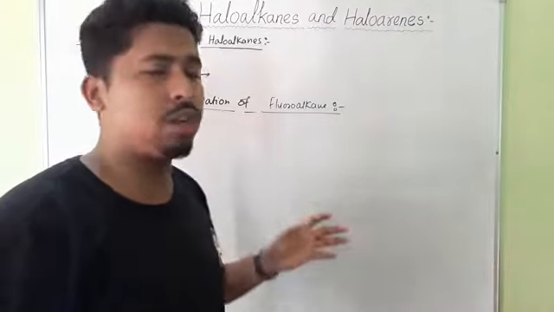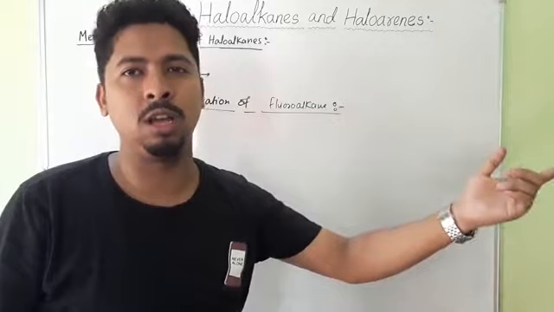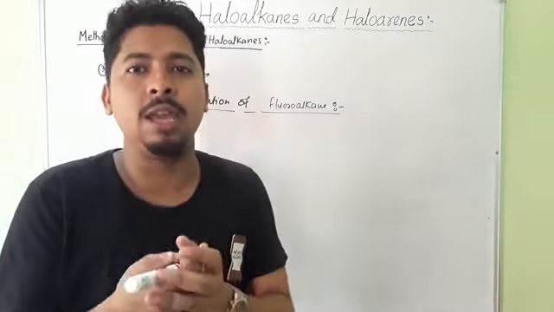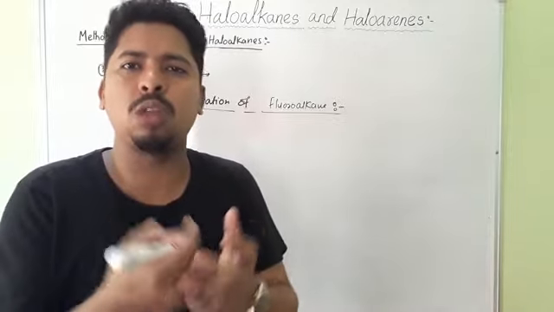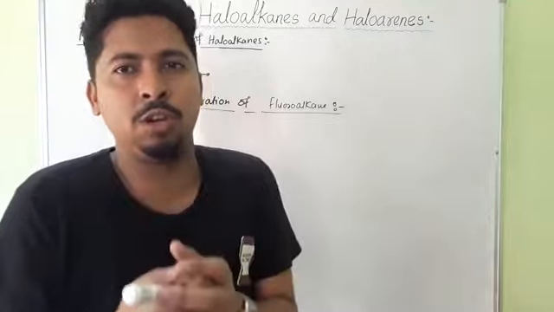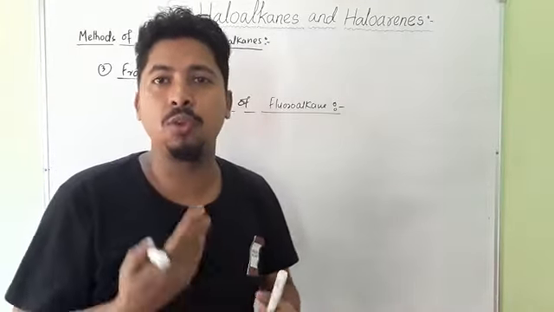But when alcohols are treated with HF, it will not produce fluoroalkane, because this reaction is violent. It produces a large amount of energy. This is an exothermic reaction, so it is not suitable and not a favorable reaction. That is why fluoroalkanes are produced by following some other reaction.